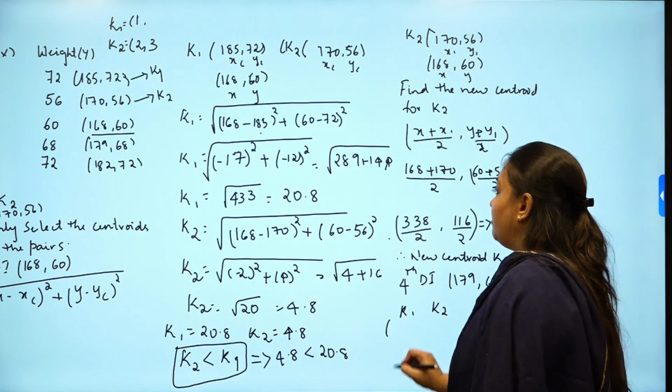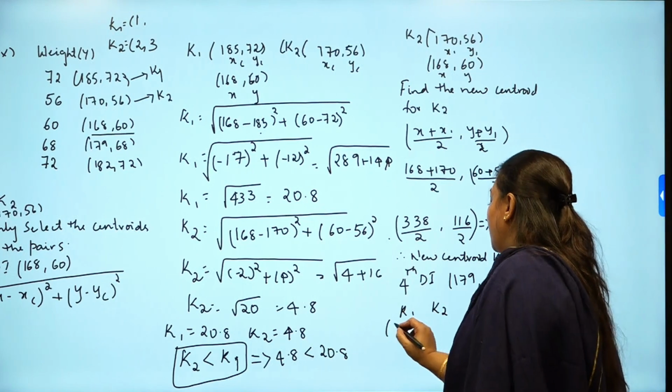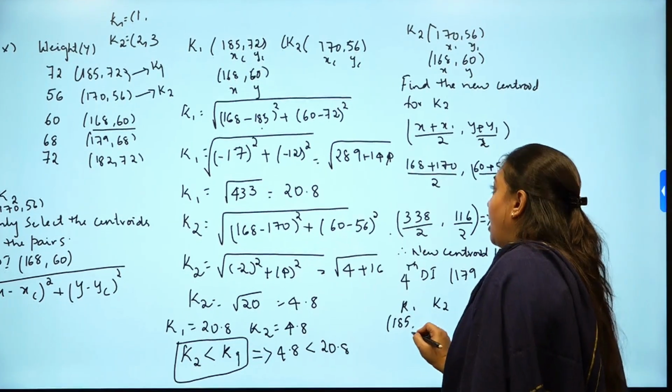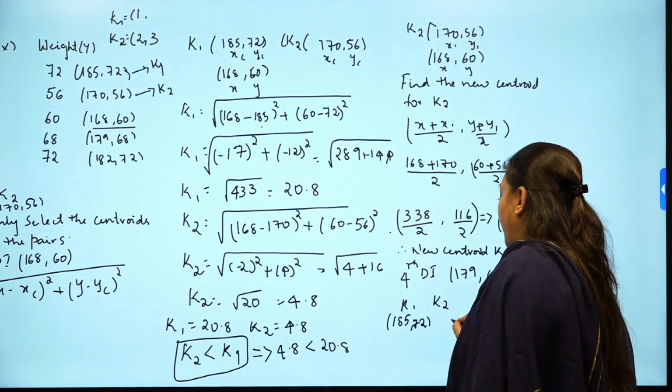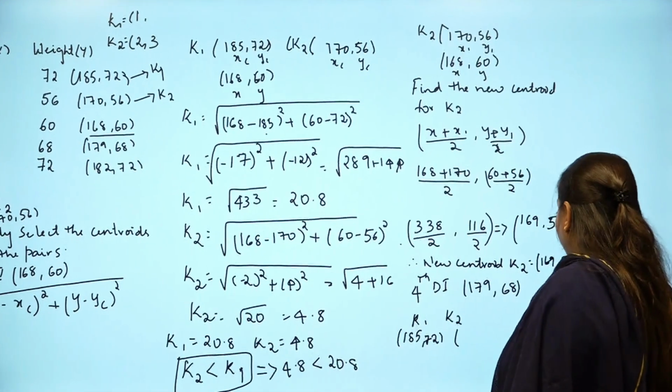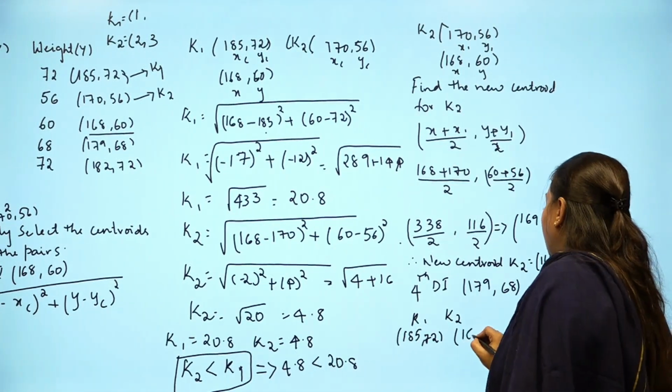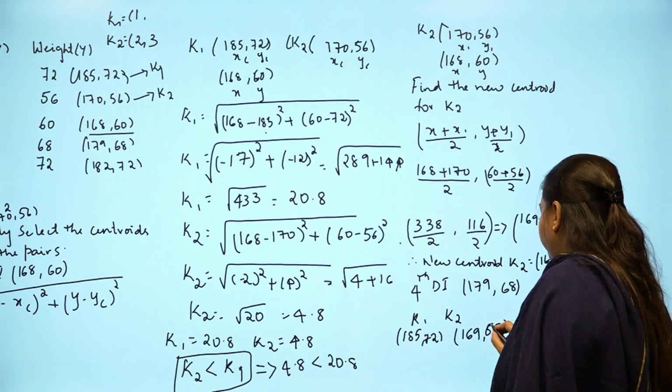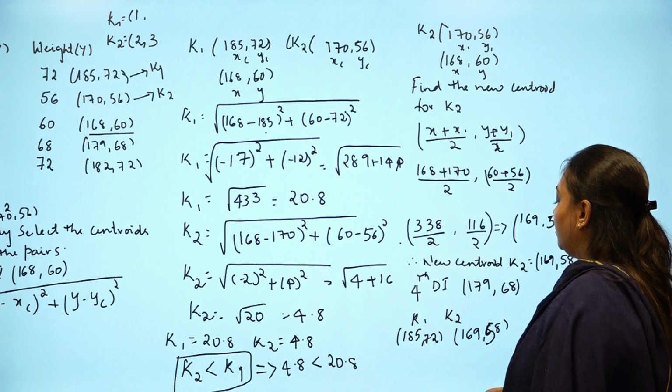What is my K1 value? K1 value is 185 comma 72. My K2 value is, now the new K2 value I need to consider, that is my 169 comma 58. Done.